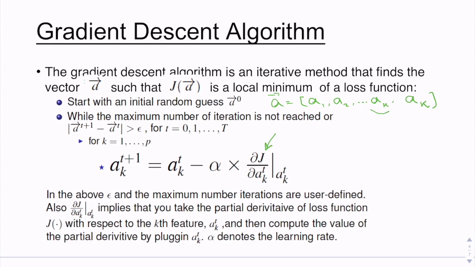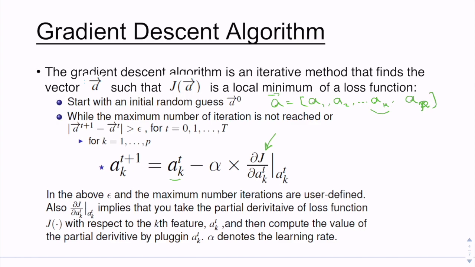We call this number p, the number of parameters. For each of these parameters, we take the partial derivative of the objective function with respect to each of them. And then we basically start at an initial point, and we move toward the negative of the slope at that point, at the random point.